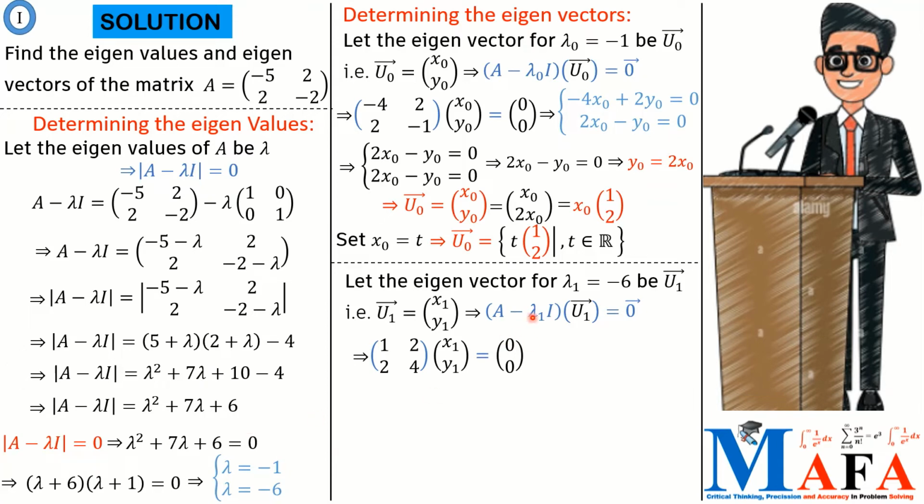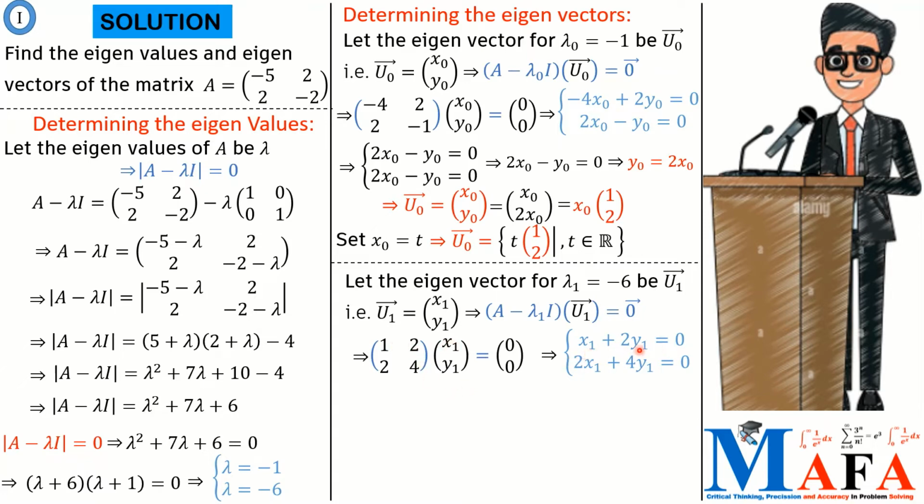To get A minus lambda 1 times I, we just replace lambda here with lambda 1, which is -6. So this entry becomes -5 minus -6, which is 1. The non-leading diagonal entries remain unchanged, and this other entry becomes -2 minus -6, which is 4. So multiplying the two and equating to 0, 0, we have 1 times x1 plus 2 times y1.